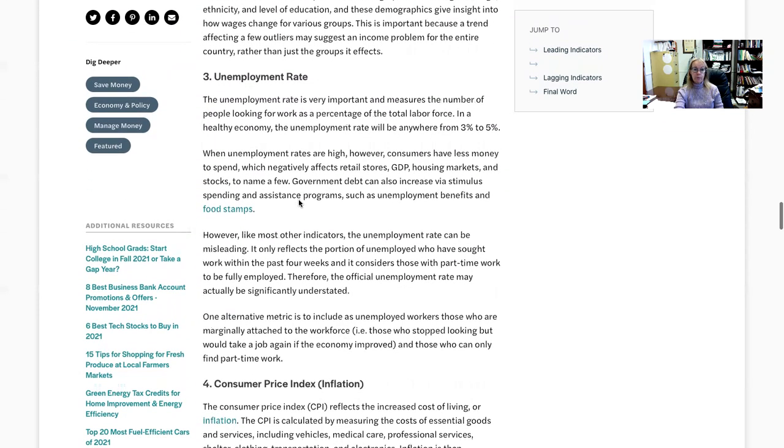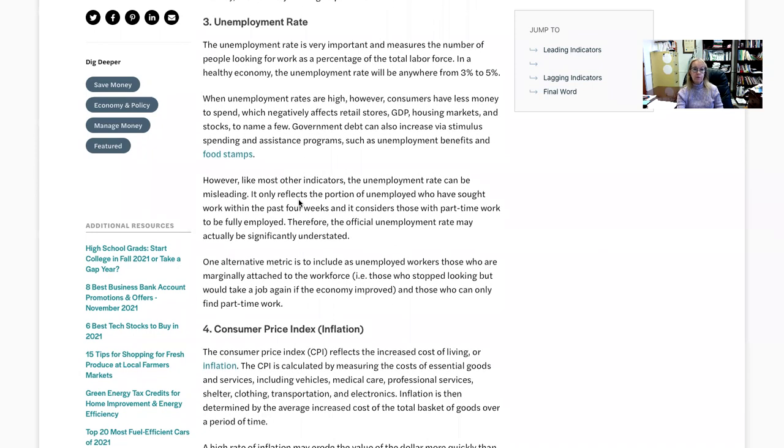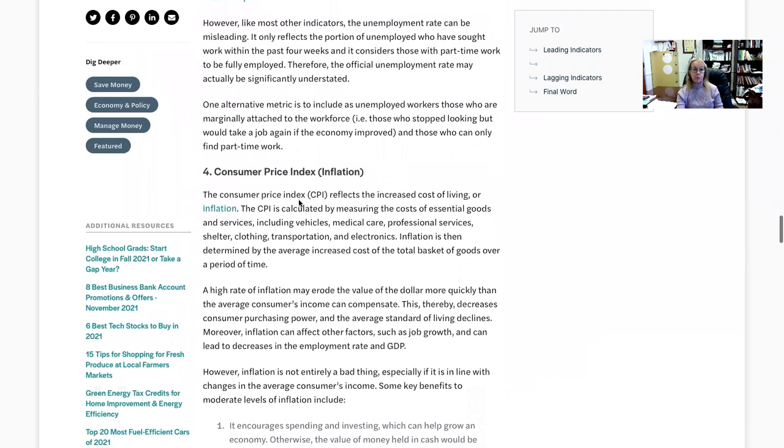The unemployment rate, of course, we want that to be lower. And so if unemployment's going down, that's a good sign for the economy. And then the consumer price index is a measure of inflation. That's very important today. We're seeing that the consumer price index, and this is the change in the CPI from one quarter to another, or from 1 month to another.